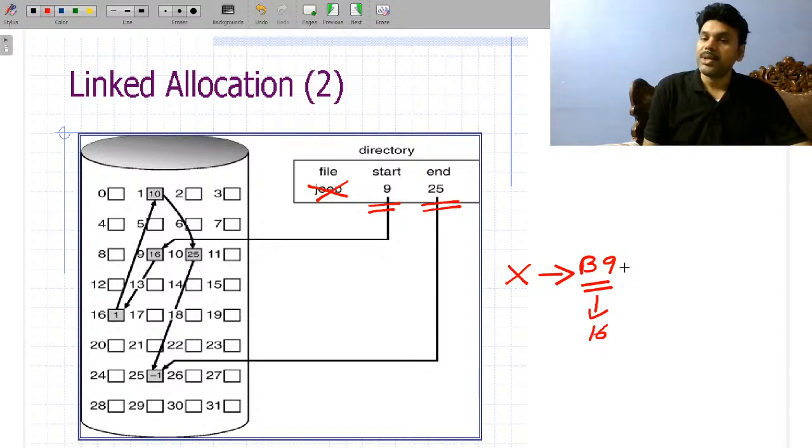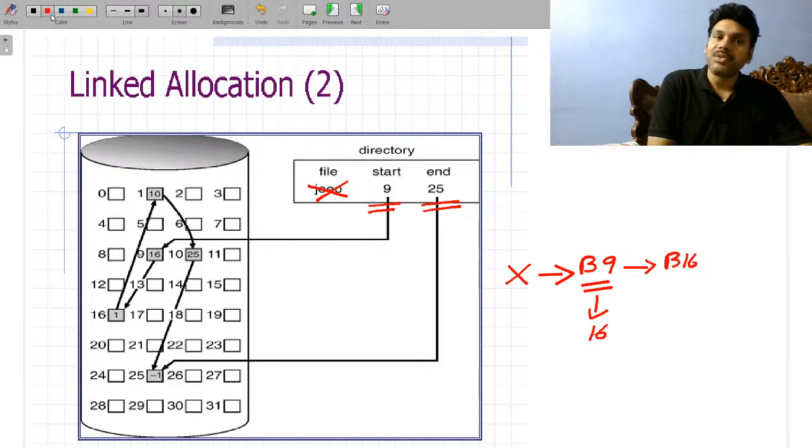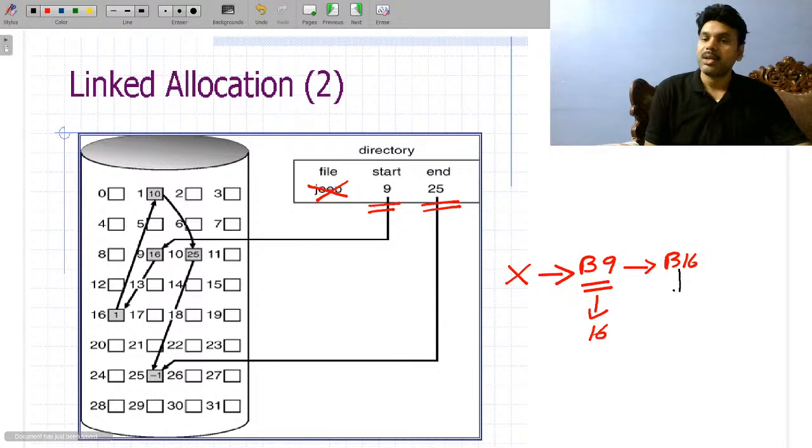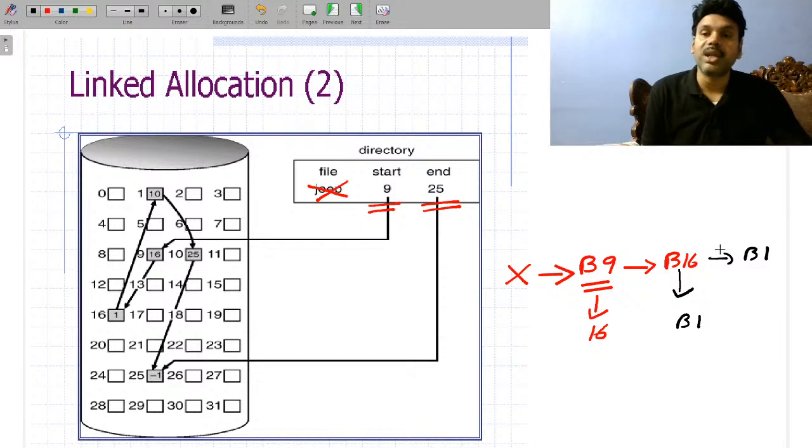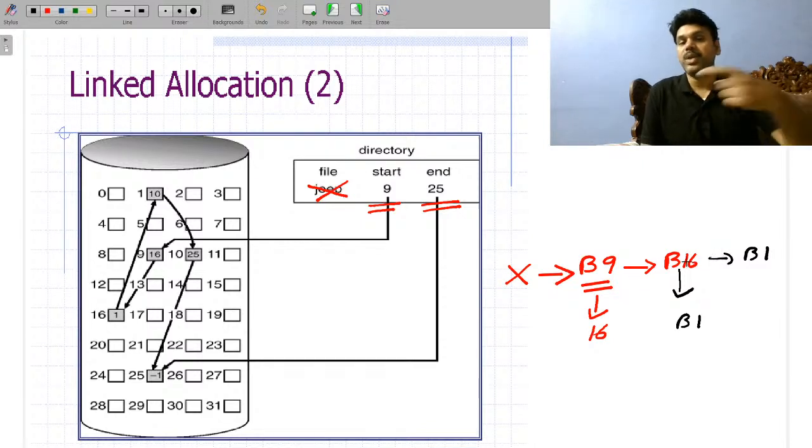Therefore, immediately it is going to search block 16. After taking the data from block 16, block 16 has a link to block 1. Please understand, from there we move to block 1. So now I will access block 1. In block 1 again I see whether it has an end pointer or is pointing to something.